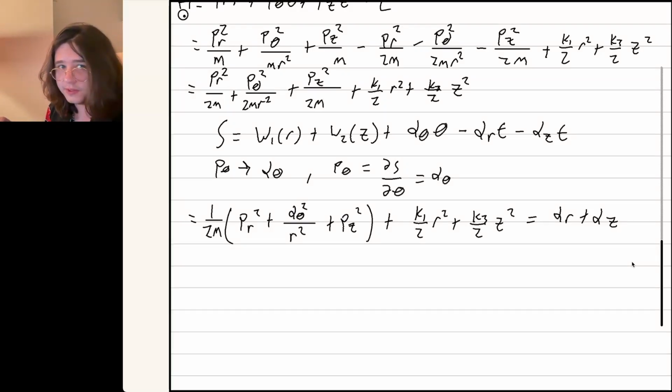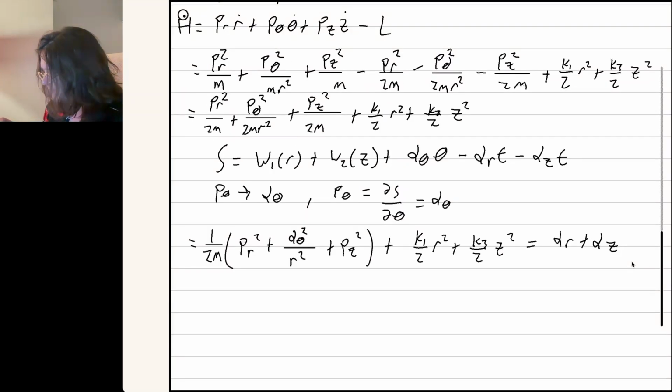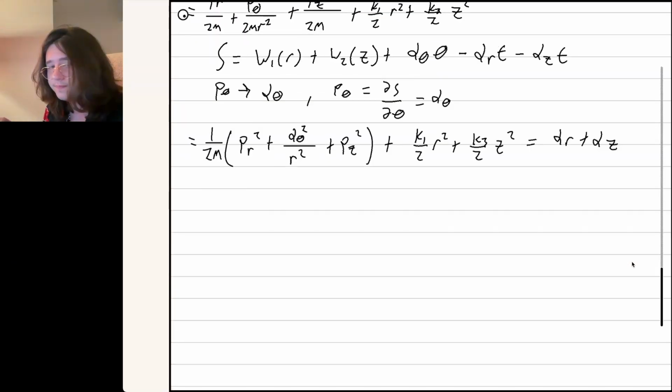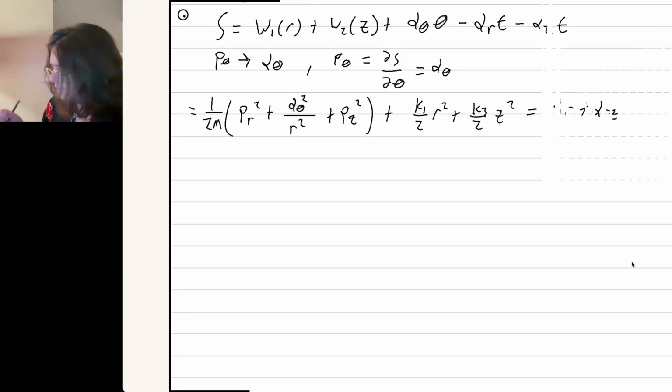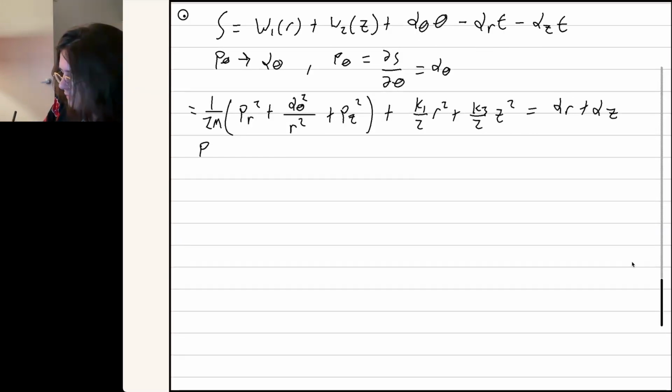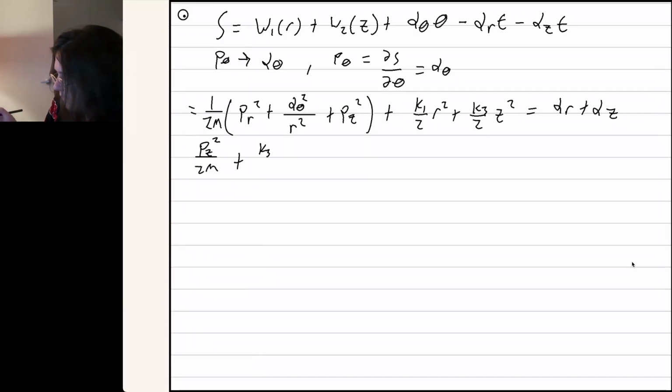I'm going to do the z stuff first, because the r stuff is gross. The z stuff is just pz squared over 2m plus k3 over 2z squared is equal to alpha z.